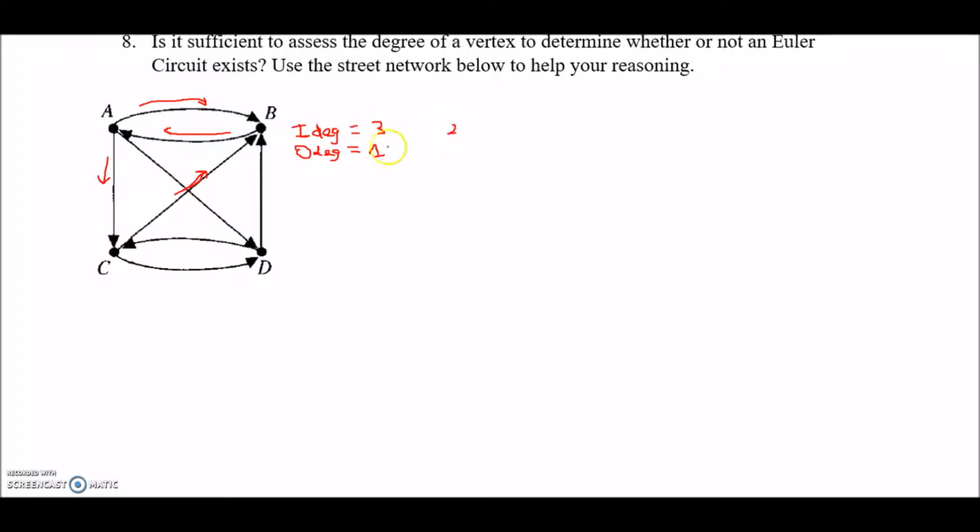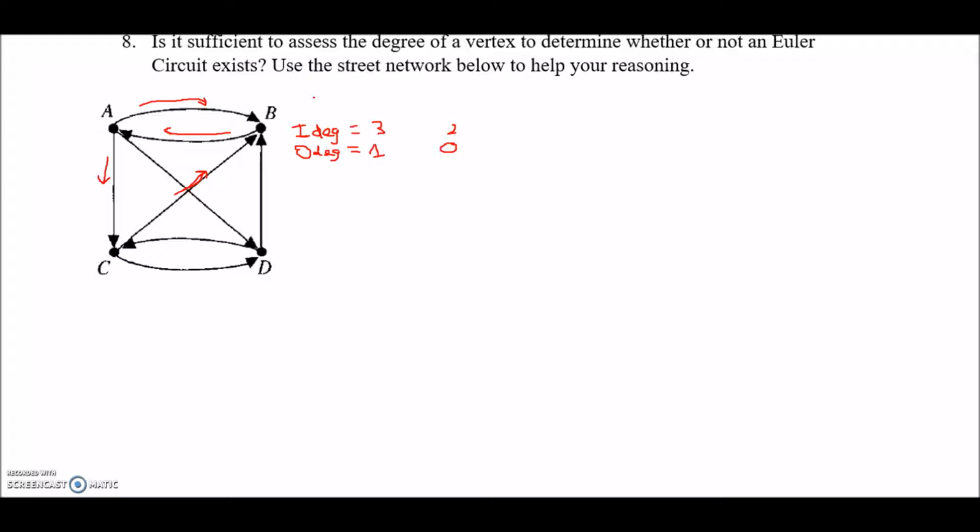I have two in degree edges left, but then I have to leave vertex B, and that leaves me with zero more out degree edges. So once I've left B, I can still arrive at it twice, but I can no longer leave it without going over the same edge again. Regardless of how hard I try to take care of these four edges that connect to B, I would have to repeat the one edge for the out degree.